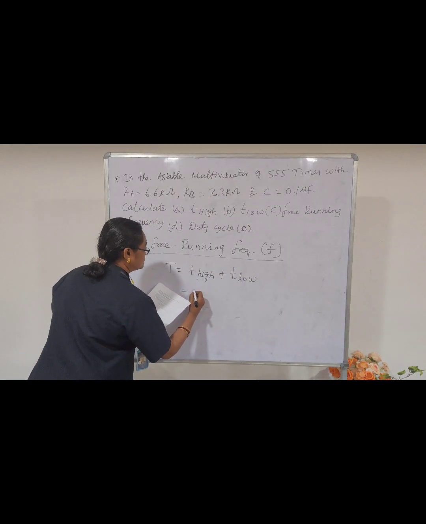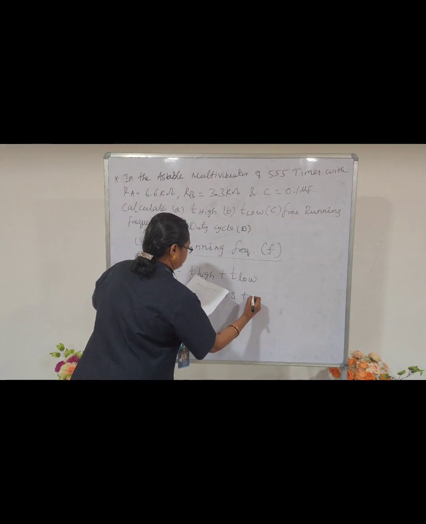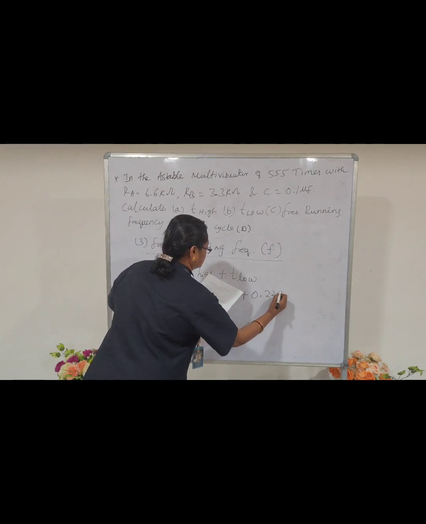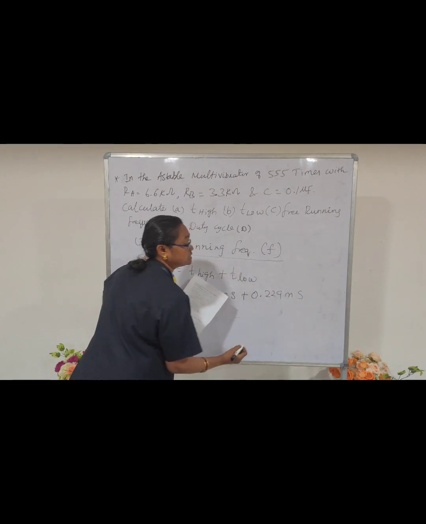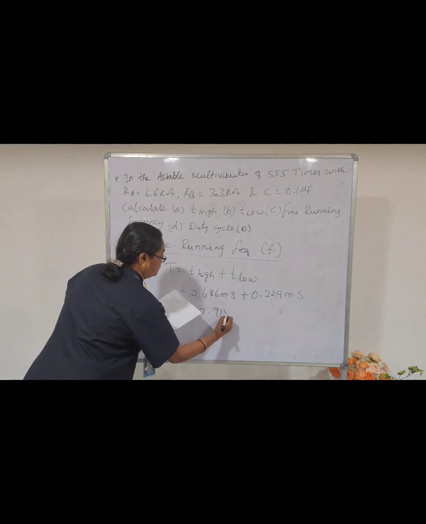So T high value is 0.686 millisecond plus 0.229 millisecond. Unit is very important. 0.915 millisecond.